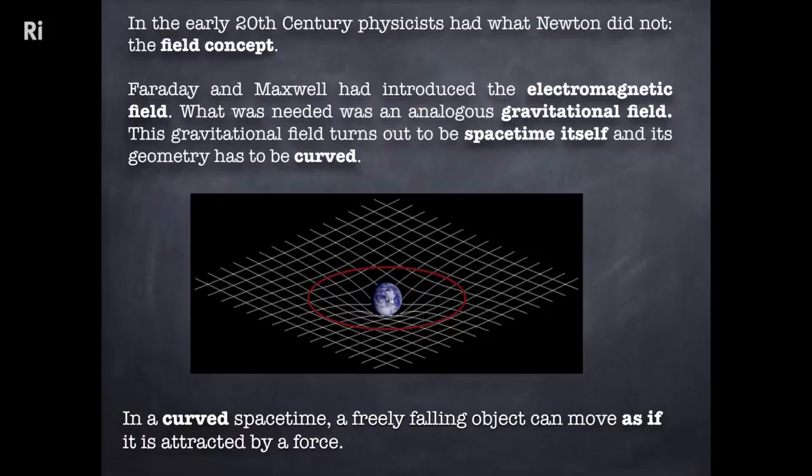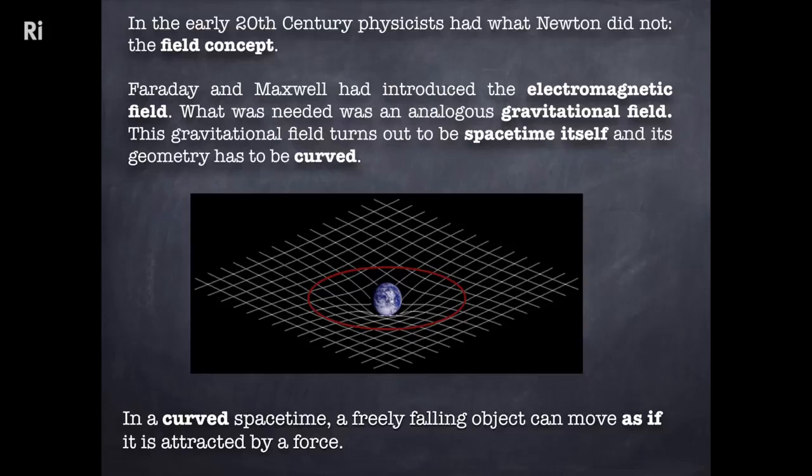Faraday and Maxwell had introduced to physics a new notion, the electromagnetic field. The electromagnetic field is a material substance that pervades space and time. It's everywhere, this electromagnetic field. They used it to explain electromagnetic phenomena.